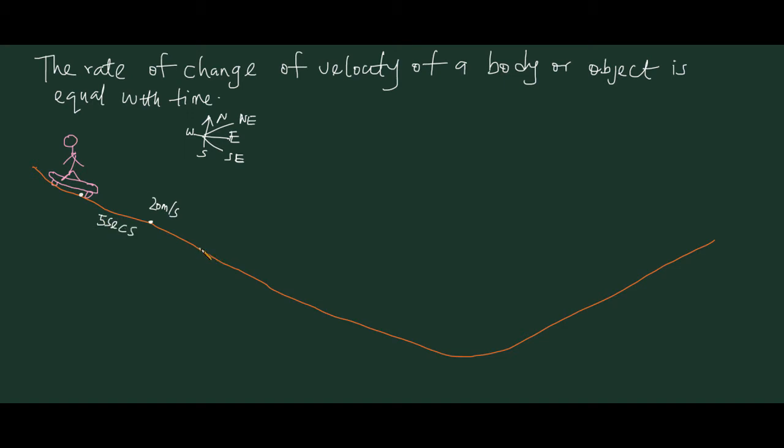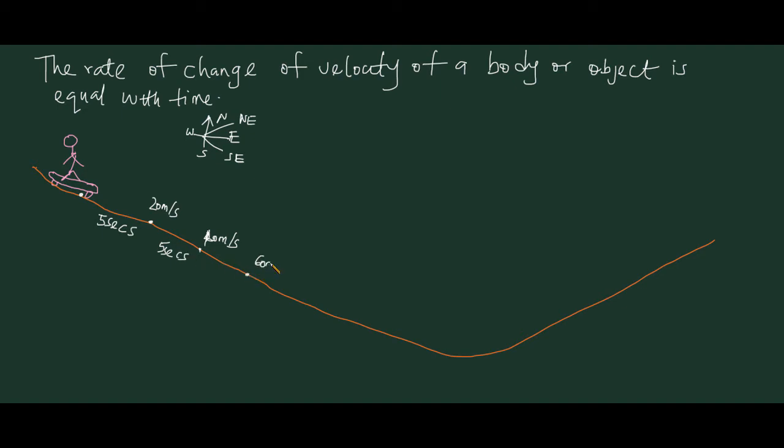He moves to another point, which should be 40 meters per second, but when we subtract to notice the change, it will still give us 20, and he also covered that in 5 seconds. It keeps on moving like that.